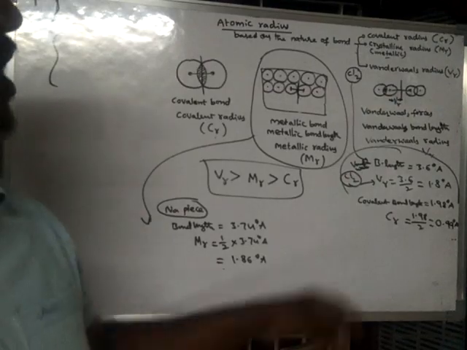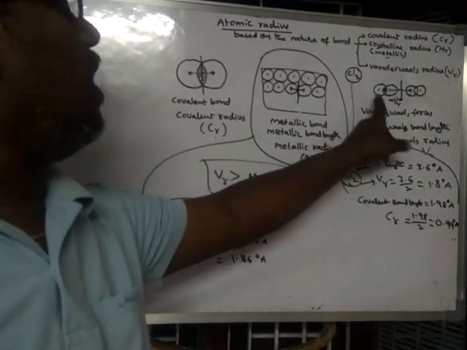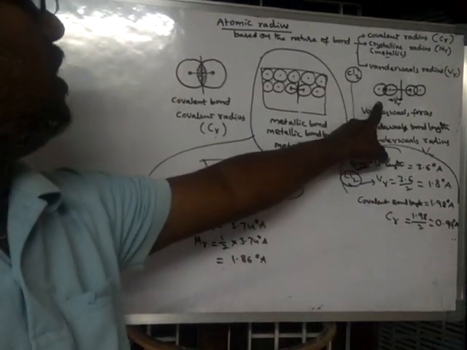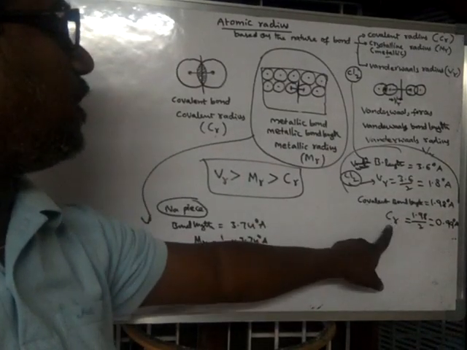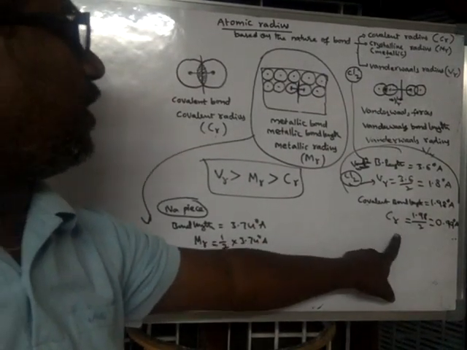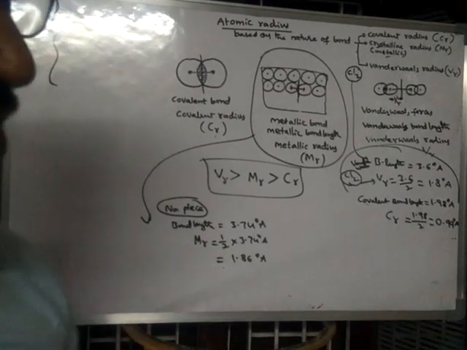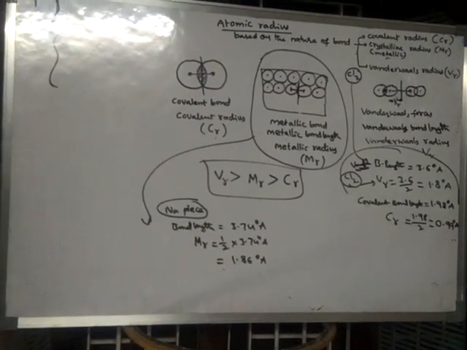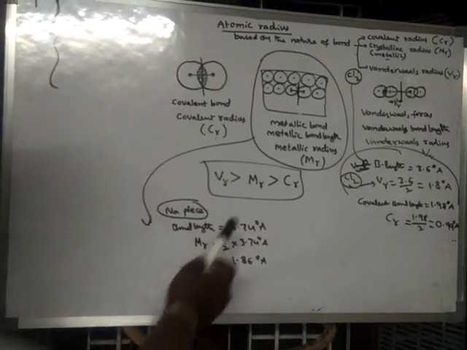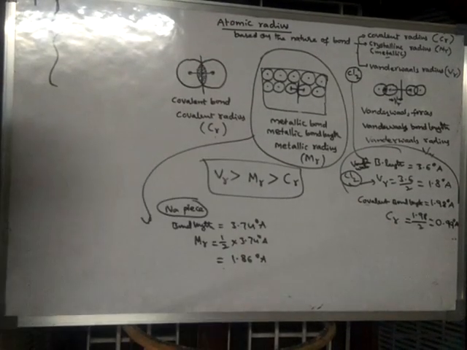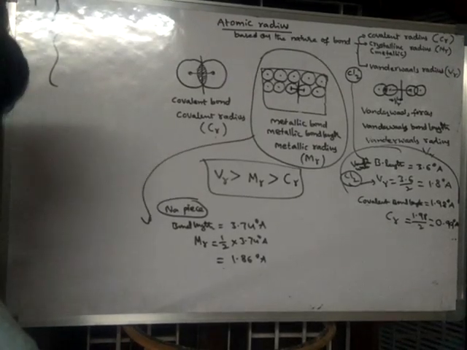If we calculate chlorine's atomic radius in terms of covalent bond, the radius becomes covalent radius, 0.99 angstrom units. So covalent radius is always smaller than metallic radius, and metallic radius is still smaller than van der Waals radius.